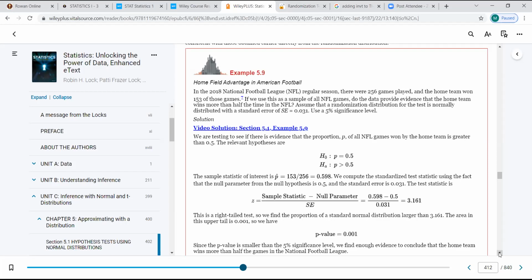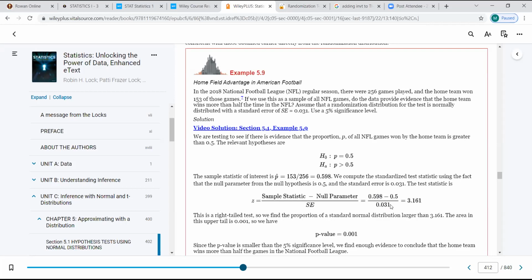Now the null is P equal to 0.5. They win half their games, so there's no home field advantage. That's the null hypothesis. Look at the test statistic. 0.598 is the sample statistic, which is of course 153 divided by 256. You subtract the null and divide by 0.031. Where do they get the 0.031?